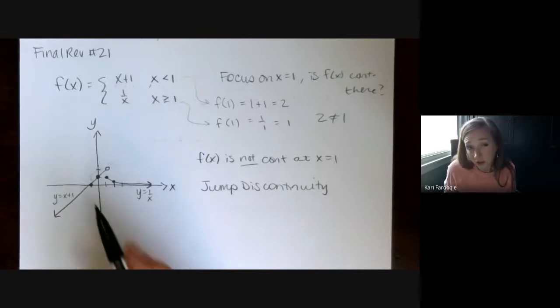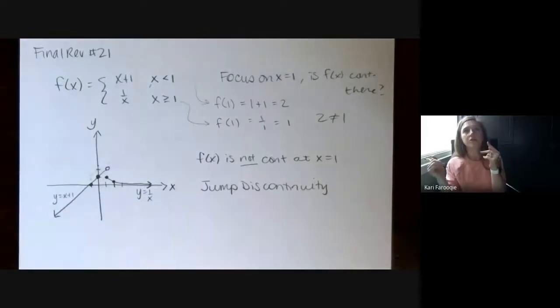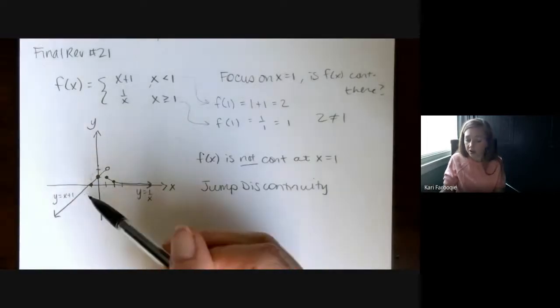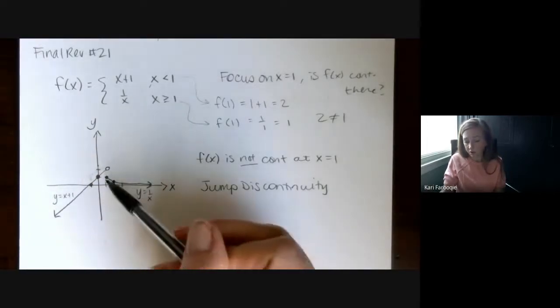You also had an infinite discontinuity, and an infinite discontinuity was when you had some sort of vertical asymptote and one or both of your left or right limits would be infinity in that case. In this case, you have a jump discontinuity, which happens a lot with piecewise functions because technically the graphs would be continuous on their own.